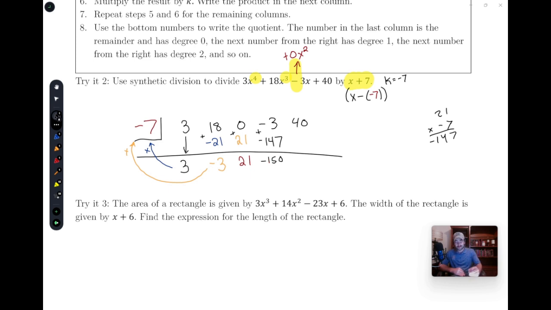And I'm going to have to do it again out to the side. Multiply -150 by -7. -150 times -7 is positive 1050. So we got a 1050 up here. And then we're going to add those 2 terms to end up with 1090.